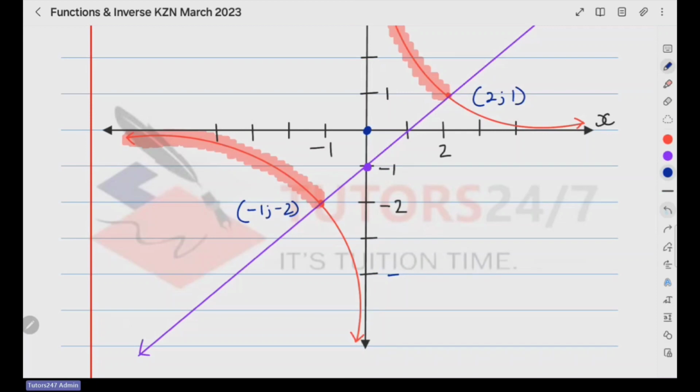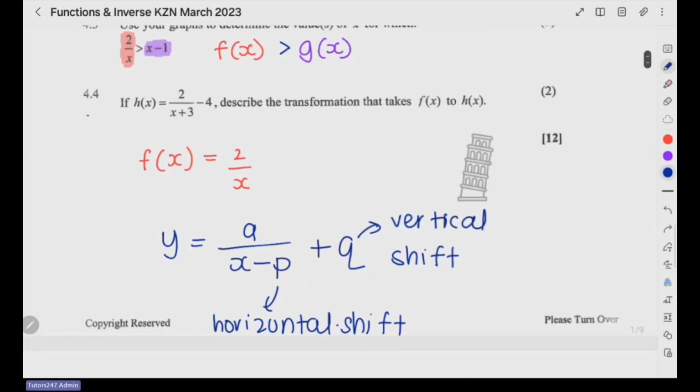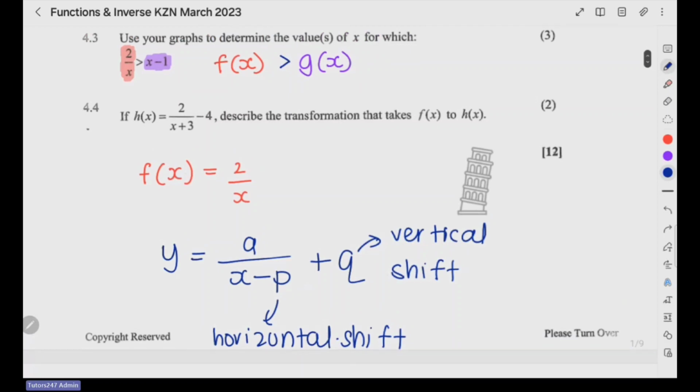So that is what happened to the function f. It shifted 4 units down. So that's where we get our first mark. Now we need to identify the shift that produced +3.